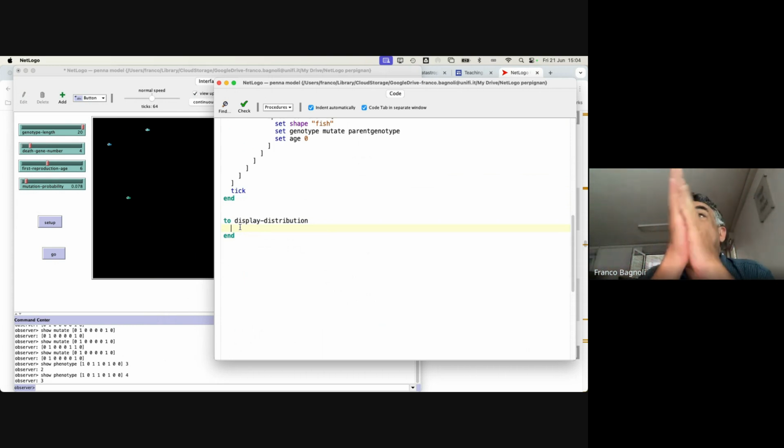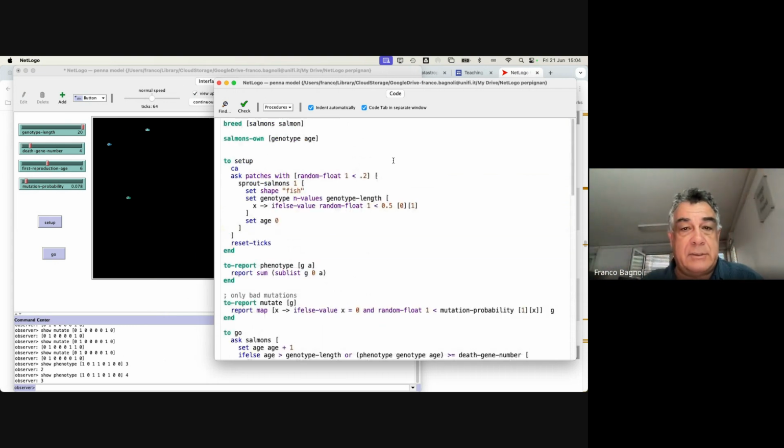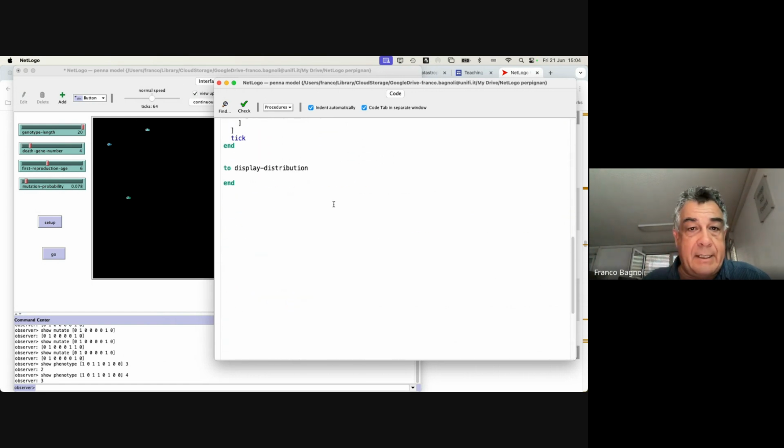So the idea is that I set up a list of, say, genotype length. This could also be some globals, distribution. Then I set distribution to values 0 of genotype length.